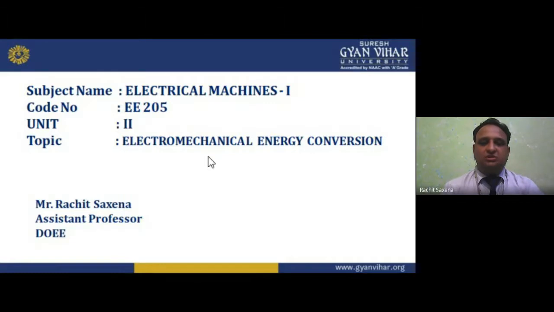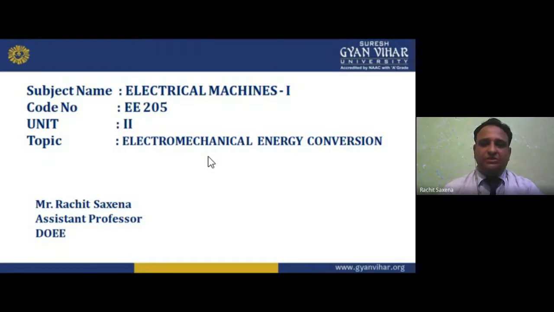Machine one basically deals with your DC part, direct current machines, direct current motors, direct current generators, and a little bit of AC, that is the transformer, because a transformer doesn't work on DC, it totally works on AC. In electrical machine one, we are going to study rotating machines and non-rotating machines.